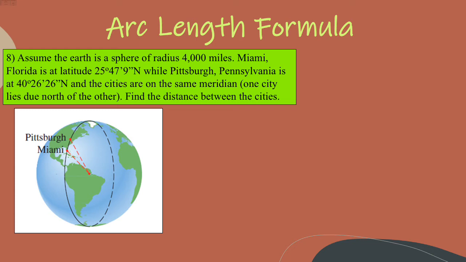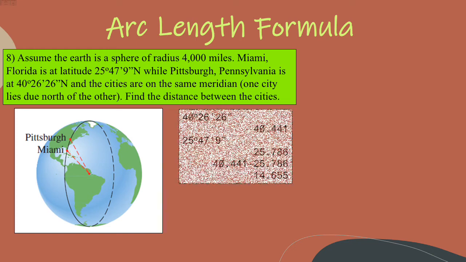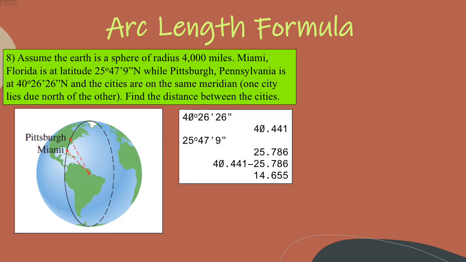And we would like to find the distance between the cities. Since they are on the same meridian, we can use the arc length formula to do this. Note that to do this problem, the two cities must be due north of each other on the same meridian. If they are not, we need to use spherical geometry to calculate the distance, and that isn't taught for several years.